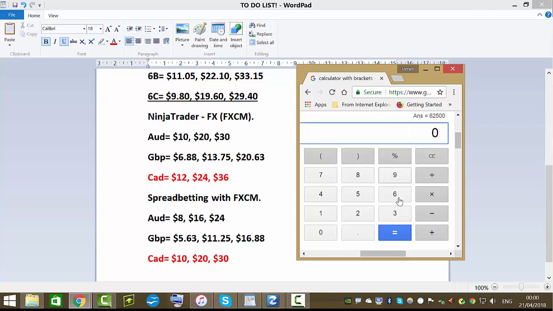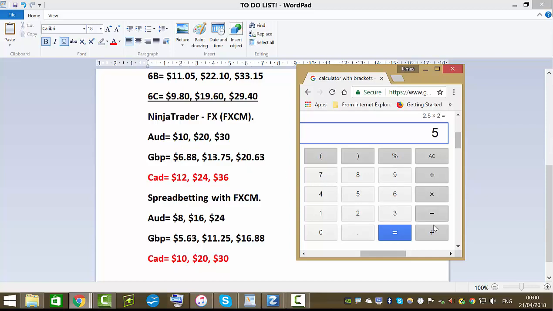So why do we need to know that? 62.5 times 4 cents, or 0.04 of a dollar, will give you your per side commission based on volume. 2.50, so in and then out is 5, and then you add the spread.